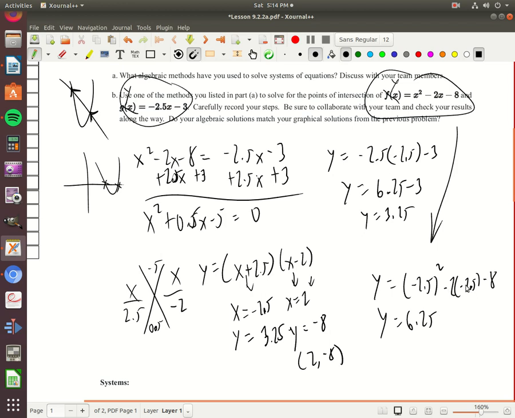Negative 2 times negative 2.5 is positive 5, minus 8. So I'm going to do this part first: 6.25 plus 5 minus 8. 5 minus 8 is negative 3, so y equals 3.25. So it worked for both of them. I feel pretty good that this is my second point. Again, I estimated something totally different, but I have my 2 points of intersection. So that's how we're going to determine what these 2 points are.